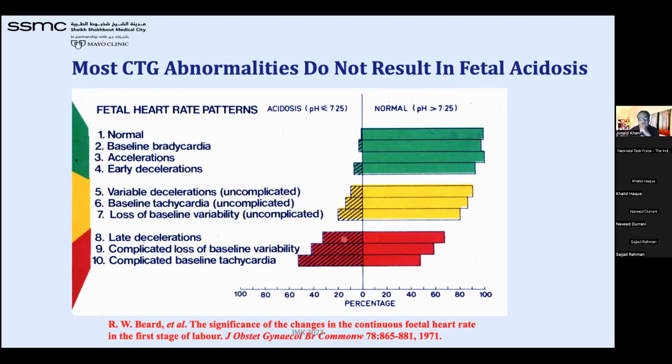But the red zone is almost 50-50, either normal pH or late deceleration, complicated loss of baseline variability, and complicated baseline tachycardia. And this is from a very old study, 1971. So it is still valid that if you are monitoring the CTG very clearly, then of course you will have a very good result.